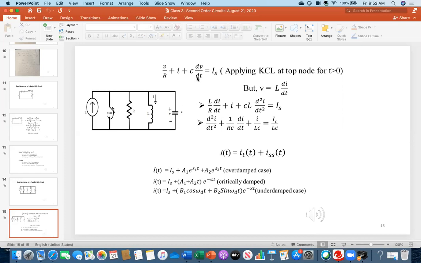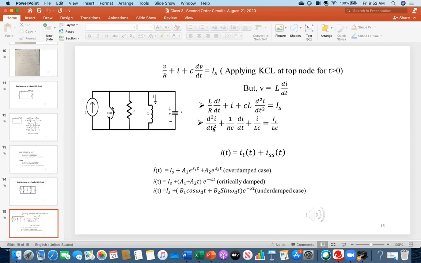But for the inductor, V equal to L di by dt, so you all know the voltage expression for the inductor. Now substitute this into the equation. What you get is L over R di by dt plus i plus LC d squared i by dt squared equal to I. And then rearrange the terms.